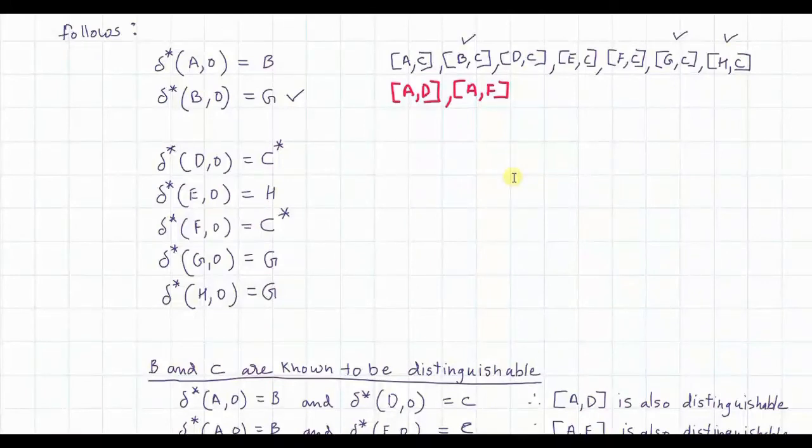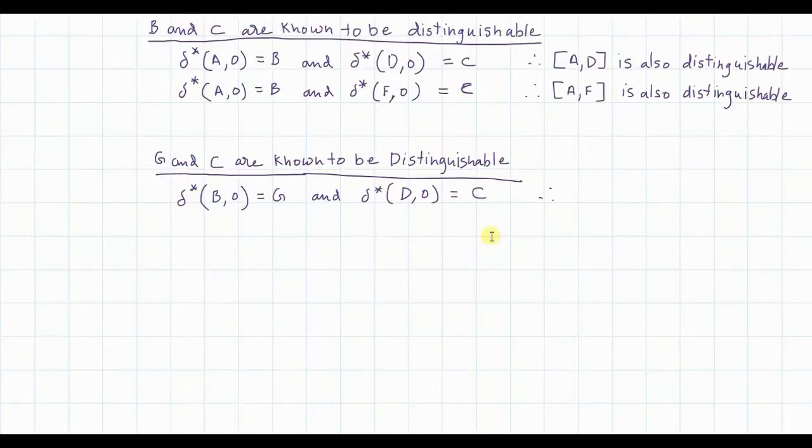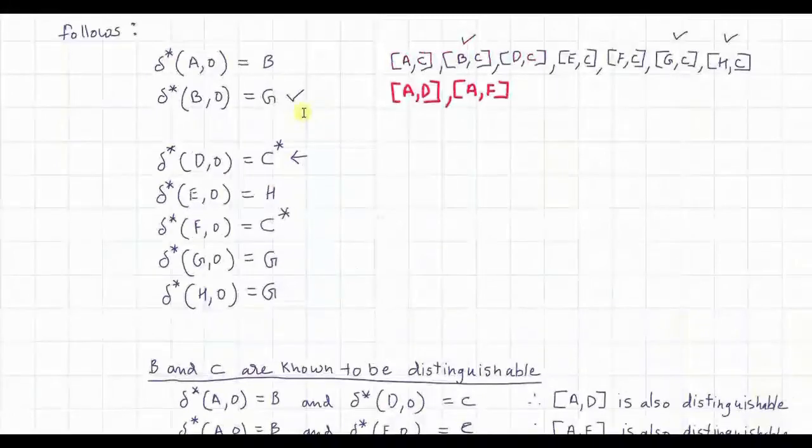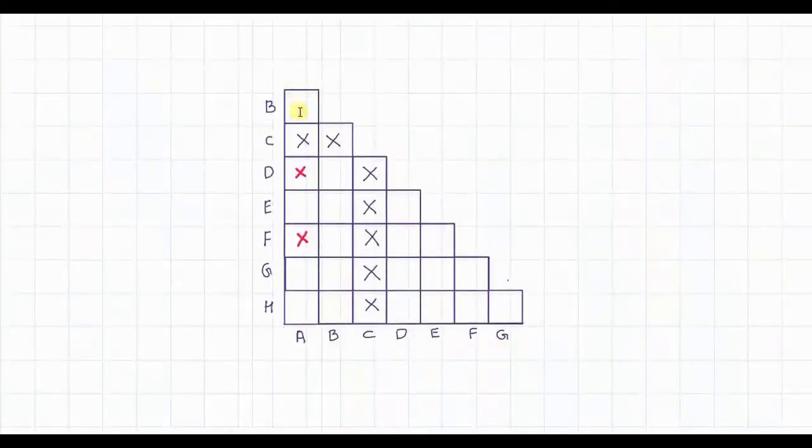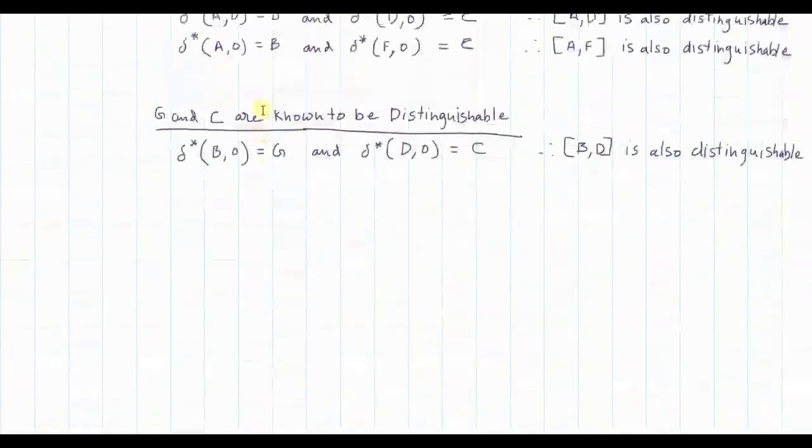Therefore, BD is also distinguishable. I will add B comma D to this list, and mark that cell with X.